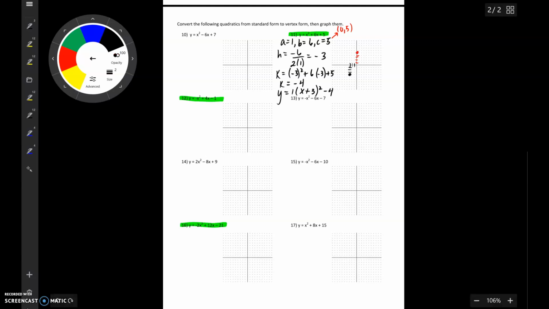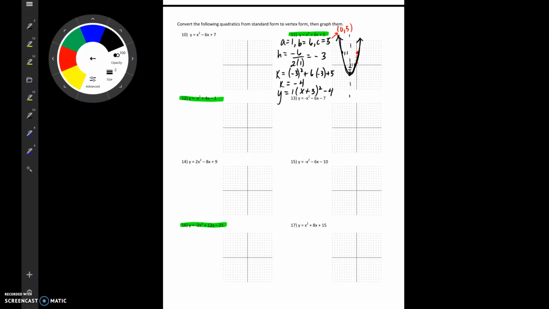Now I'm going to use my line of symmetry to get that third point that I need. So if my y-intercept is 1, 2, 3 units away from my vertex, then I'm going to have 1, 2, 3 units away. I'm going to be at the same y value. So there are my 3 points, even though it doesn't look great.